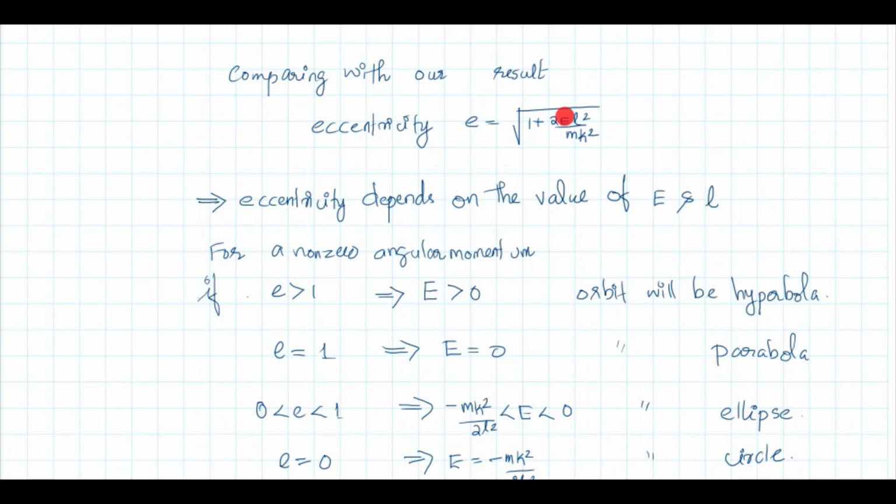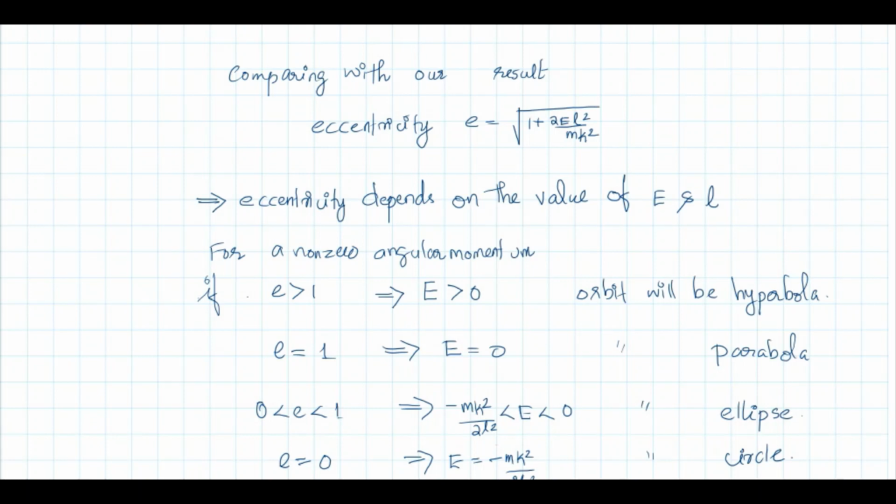So 1 plus a positive quantity gives an eccentricity greater than 1, and the orbit will be a hyperbola. If the total energy is 0, the eccentricity is 1 and the orbit will be a parabola. If the total energy is negative but greater than minus mk squared by 2L squared, then the eccentricity will be between 0 and 1.